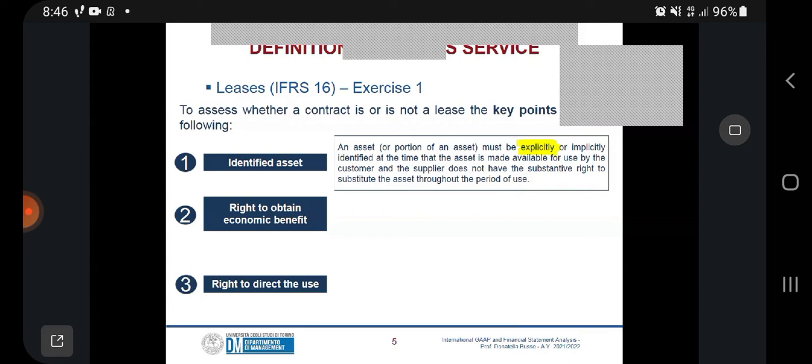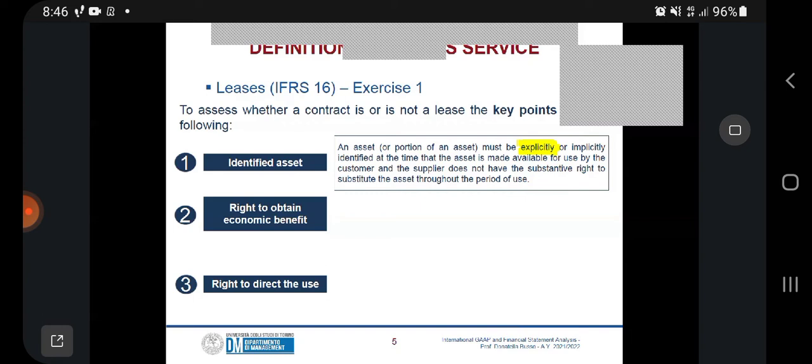If there is a contract that allows the lessee to use some cars, in the contract the cars are explicitly identified. So it's the Fiat 500 with the plate number 123, or whatever other car, but a specified car, explicitly in the contract.